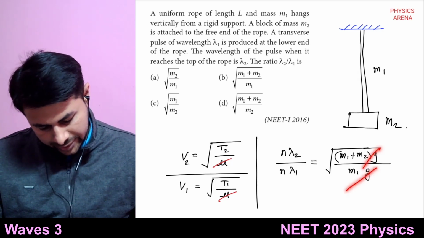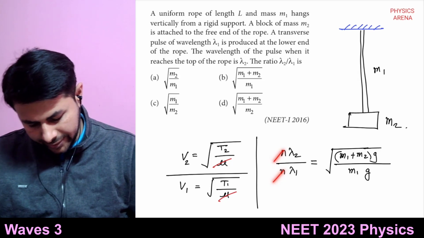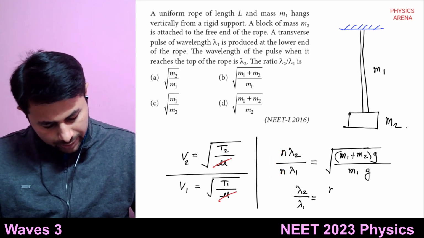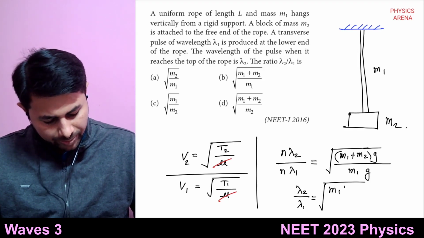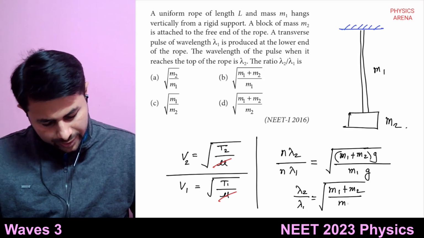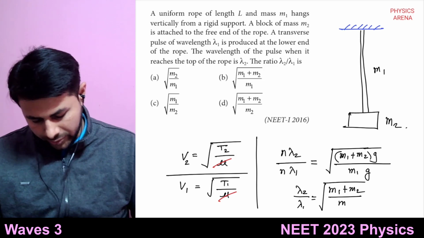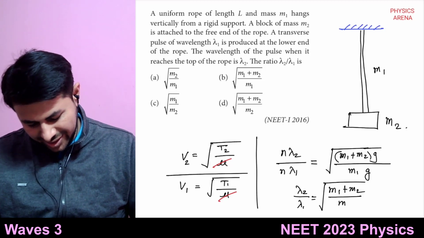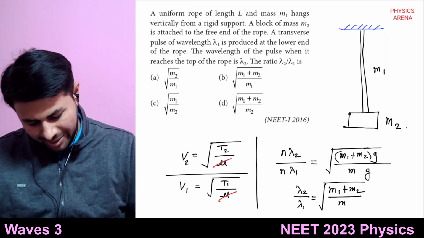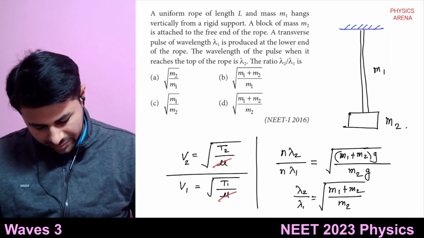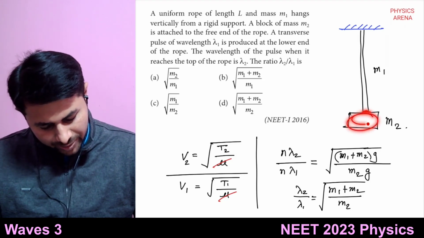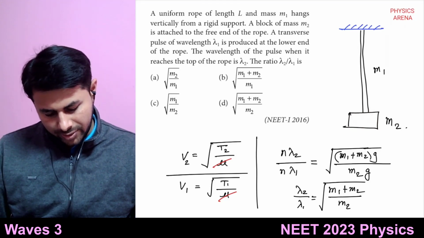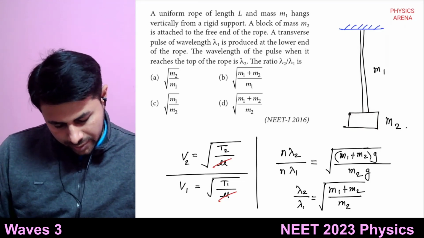So g gets cancelled, n gets cancelled. So lambda2 upon lambda1 is equal to root of m1 plus m2 divided by m2. I wrote m1 in the denominator, it should be m2, because the weight hanging from this part is m2, not m1. So it is option D.